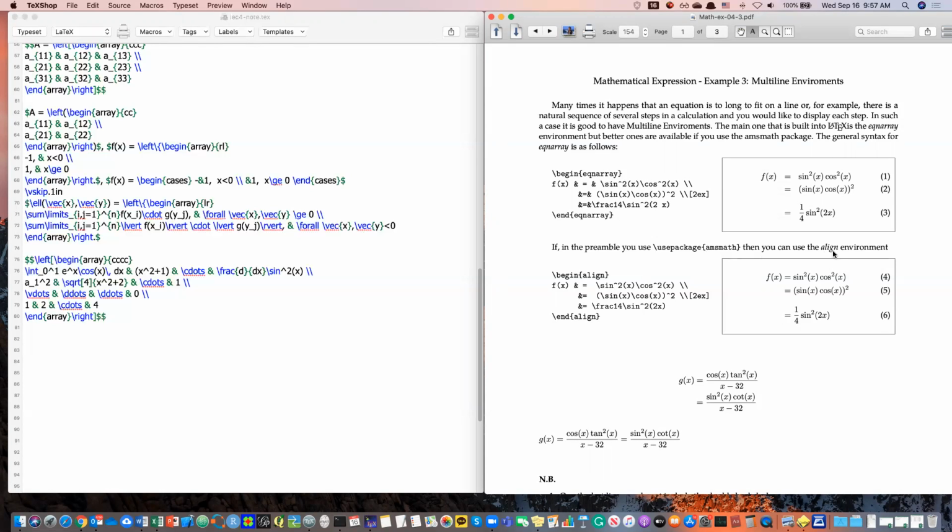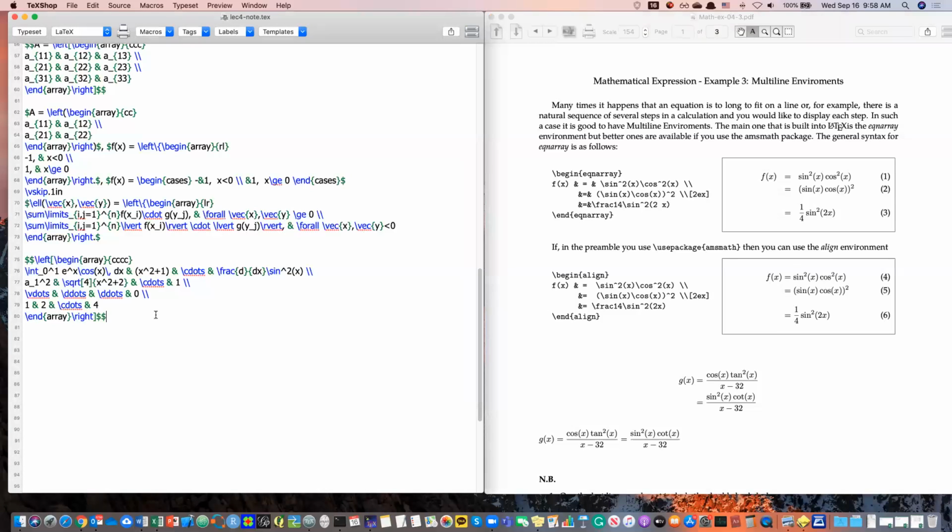The big difference between eqnarray and align is, you can see here in eqnarray, two ampersand symbols are involved, but in align, just one ampersand is used. If you use two ampersands here, then you see there is, I think, more than two spaces between the equal sign, but there is no big space between f and the equal sign, left hand side, right hand side.